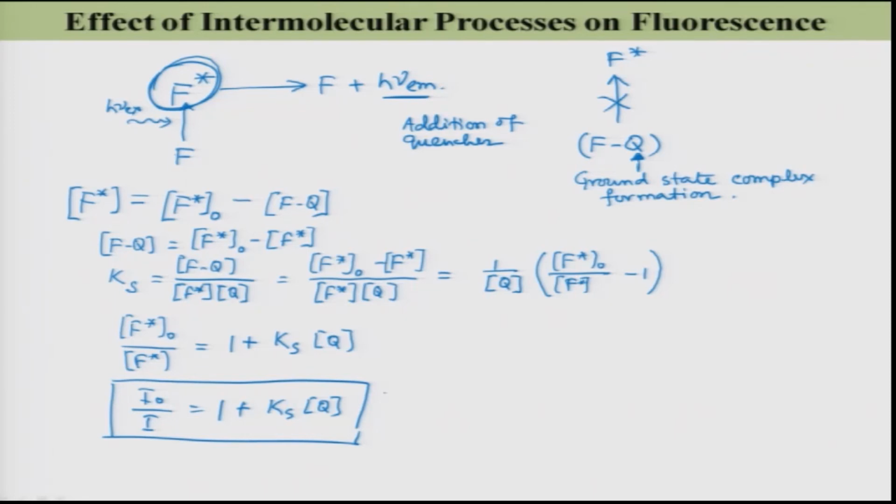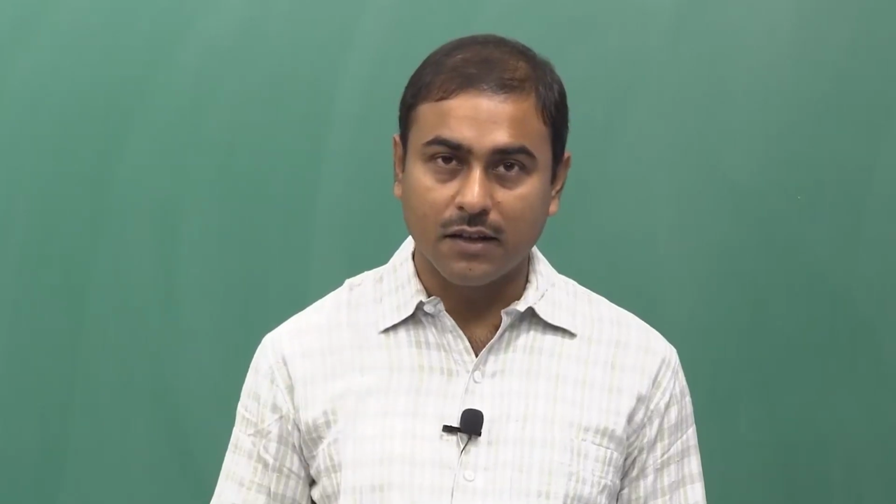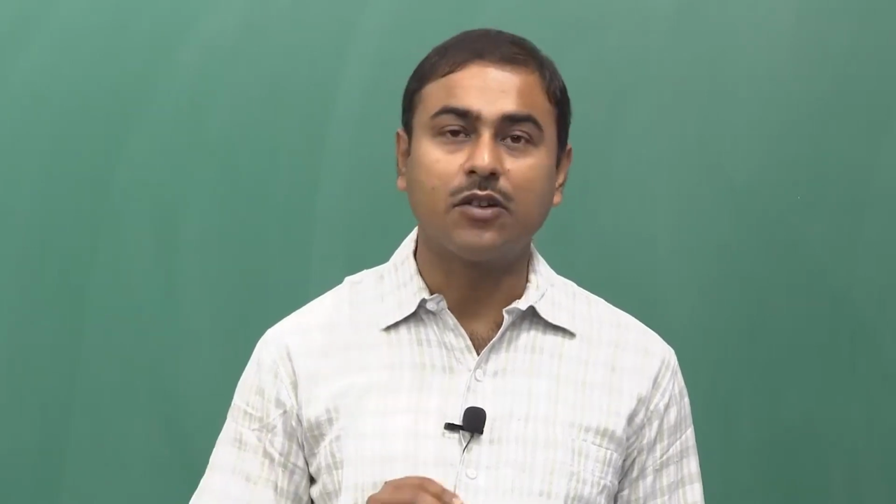So, in this case also, where the ground state complex formation takes place, the fluorescence intensity is decreasing as I am adding the quencher molecule in my medium. In this case the mechanism is completely different.